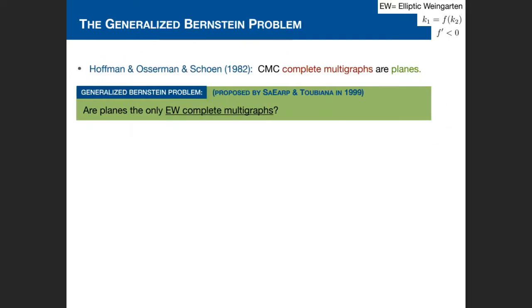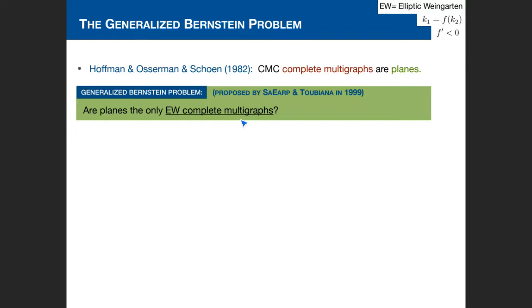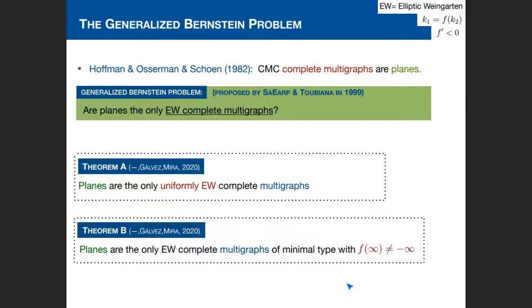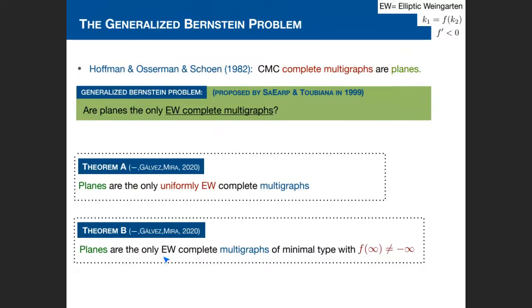Regarding the generalized Bernstein problem, that is the classification of the elliptic Weingarten complete multigraphs, we have these two theorems here. First theorem is that in the uniformly elliptic case, the answer is yes, okay. And when the function f defining the Weingarten equation is not bounded and the surface is of minimal type, then we can also solve the problem.